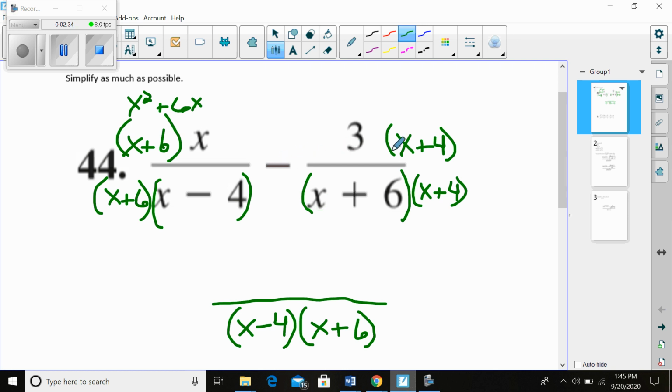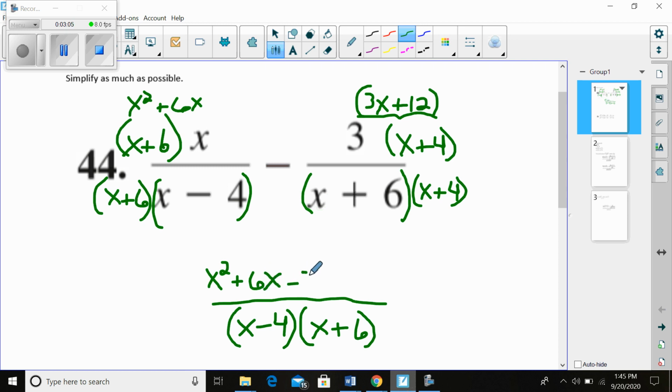If I am subtracting this quantity, right now if I just distribute, this is 3x plus 12, but because I am subtracting a quantity, I might want to put this in parentheses so that I remember to distribute my negative all the way through. Okay, and then I'd get x squared plus 6x, and then distribute that negative.